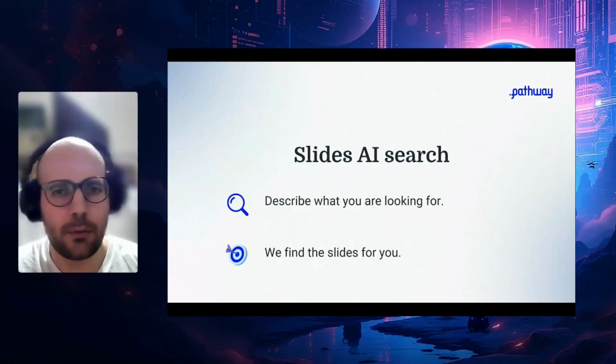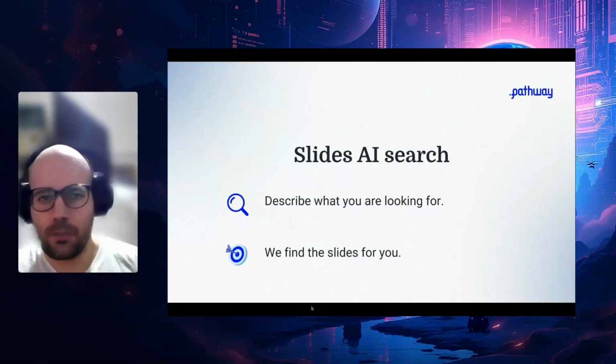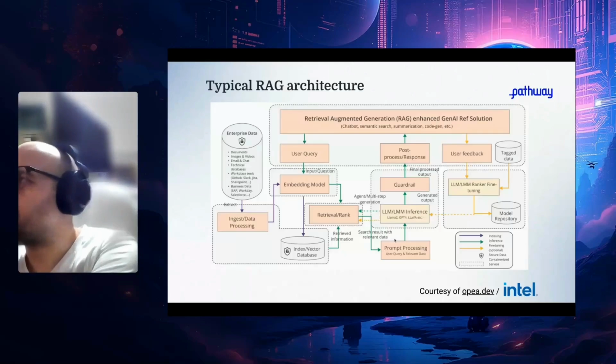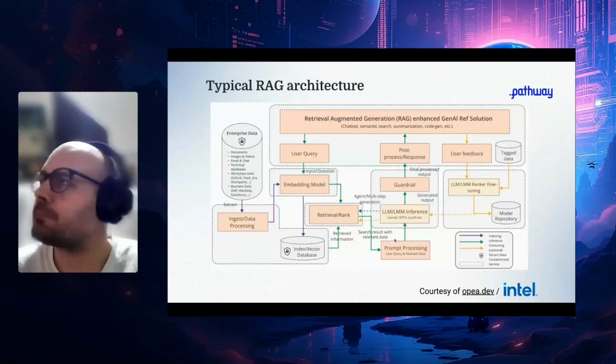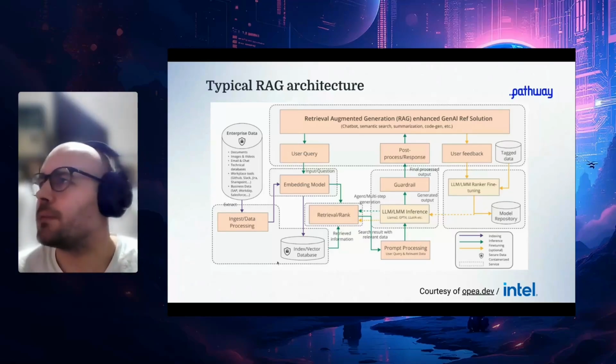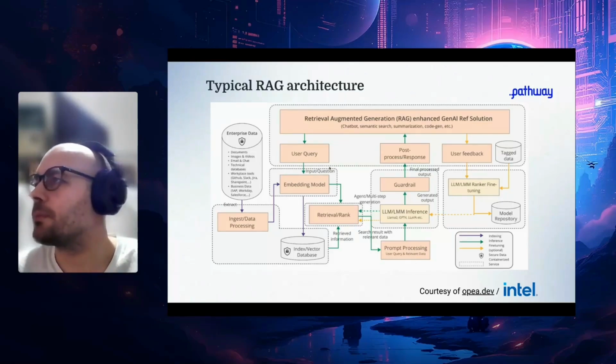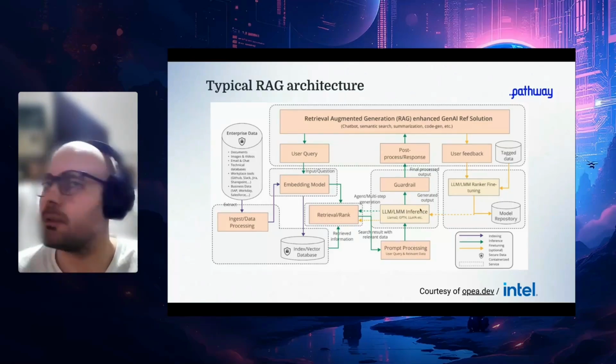Now let's talk a bit more about architecture and what Pathway is doing. What I have here is a typical architecture, and it's a very generic one. The slide search is just the standard RAG architecture. On the left, we have indexing, from the ingestion of documents to embedding to storing them in some vector database or other index. Then in the middle, there is a reading path for the user queries. First, the retrieval, then creating a prompt and using an LLM for the inference.